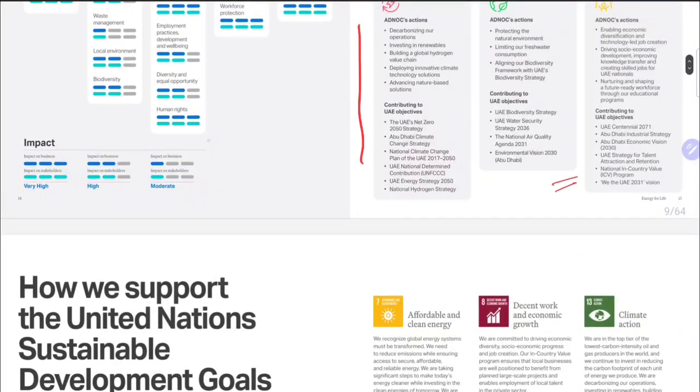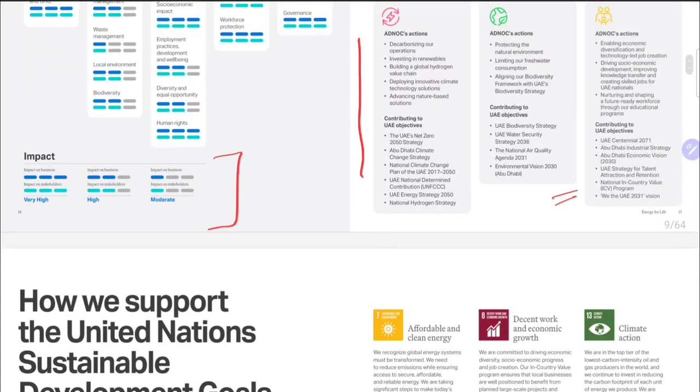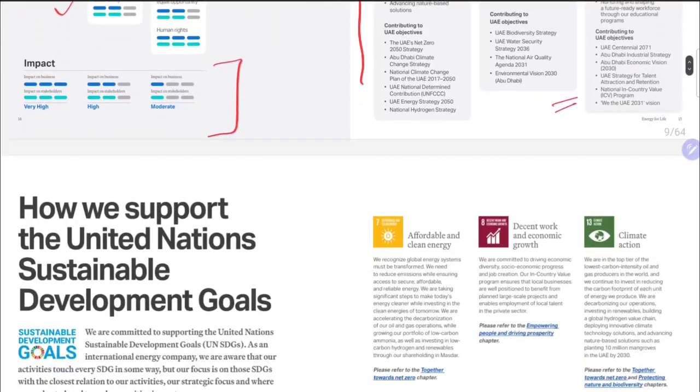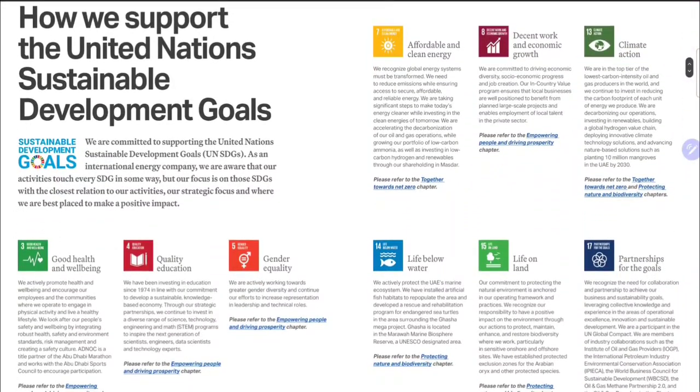As a student, one more important subject we need to understand is the impact. Impact scales like very high, high, moderate are given for each materiality topic of the key focus areas, or the pillars of ESG, so that you can understand. Then how the company is supporting the United Nations Sustainable Development Goals, as we discussed in the previous case study. Similarly, here you see an example of SDG mapping.